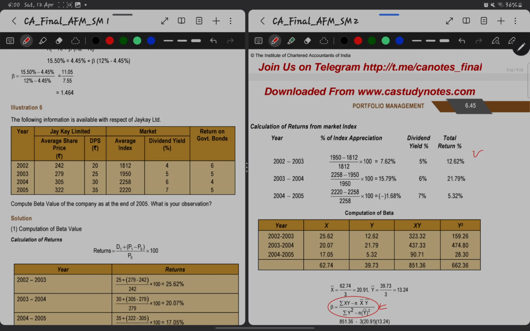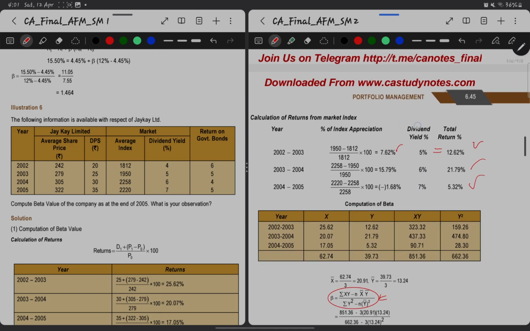In our case, for 2002 to 3, it is 1950 minus 1812 divided by 1812, which will give us the index appreciation. Along with that, if we add the dividend yield, we'll get the total return, which is 12.62 in the first year, 2002 to 3, then 2003 to 4 it is 21.79, and 2004 to 5 it is 5.32.